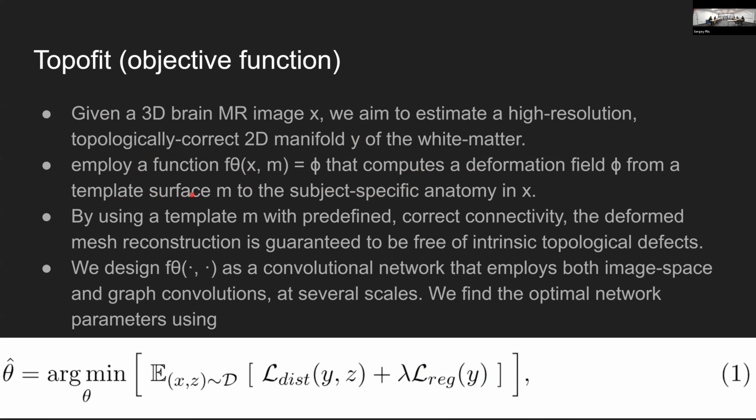So they map the ground truth meshes into an average so that they can compare meshes efficiently, like I mentioned earlier. They do graph convolutions at several scales in order to create higher resolution meshes.